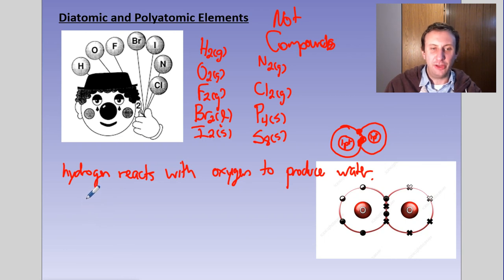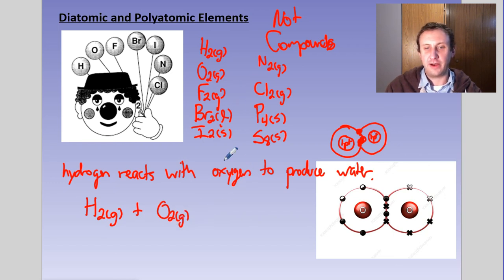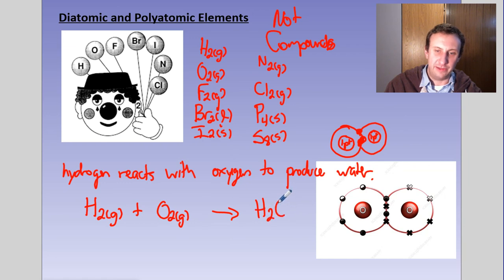Hydrogen as an element would not be just H, it would be H2 gas, because it's a Hofbrinkel element. Because it's alone, it's not in a compound. That's what I mean by alone. Then it reacts with oxygen, that would be O2 gas, again, because it's a Hofbrinkel element. And then it's producing water. We know the formula for water, that is H2O, liquid.